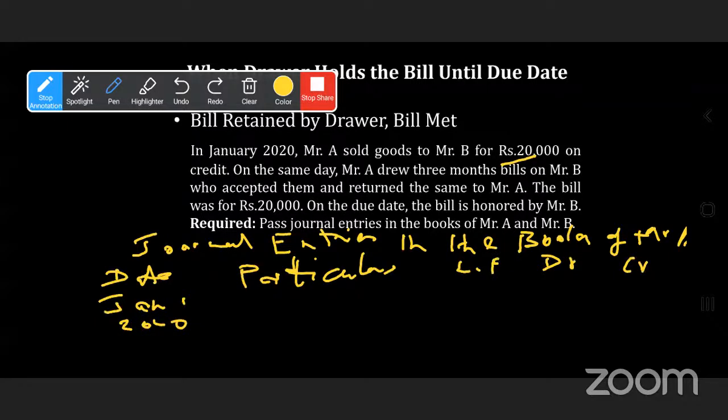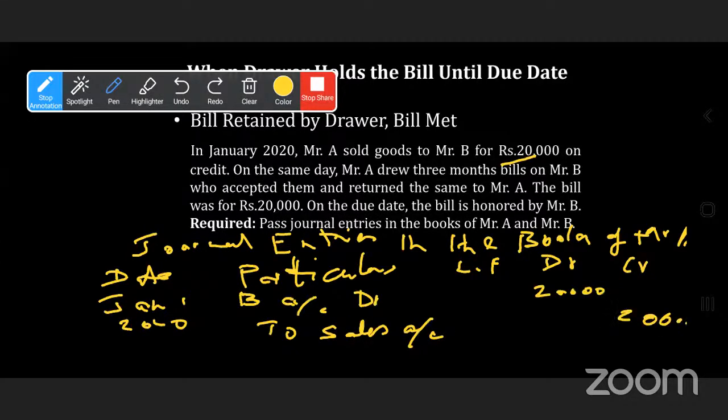A sold goods to B for rupees 20,000 on credit. It is not cash sales, it is credit sales. So you have to write the transaction as B account debtor 20,000 to sales account 20,000.